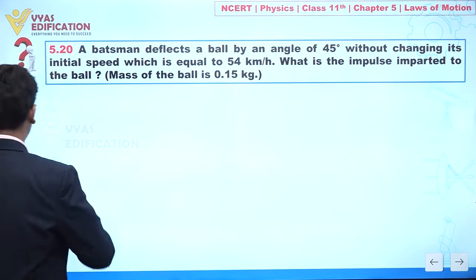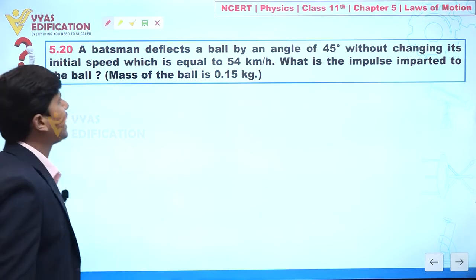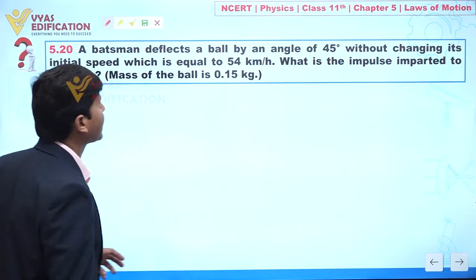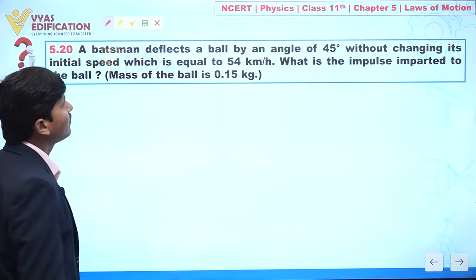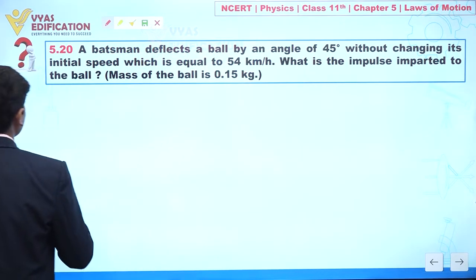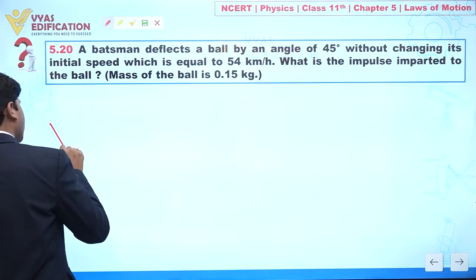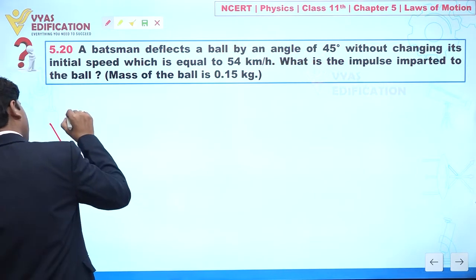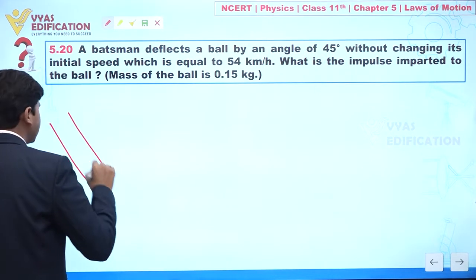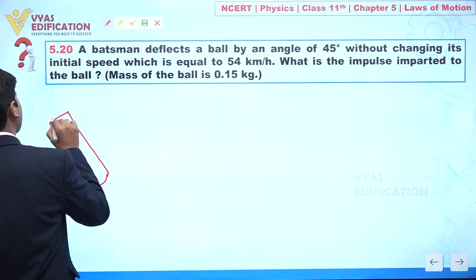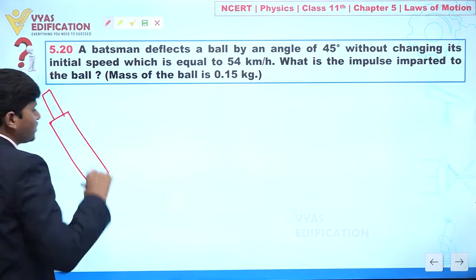So a batsman deflects a ball by an angle of 45 degrees without changing its initial speed. Let's suppose I am drawing a bat here, a cricket bat.